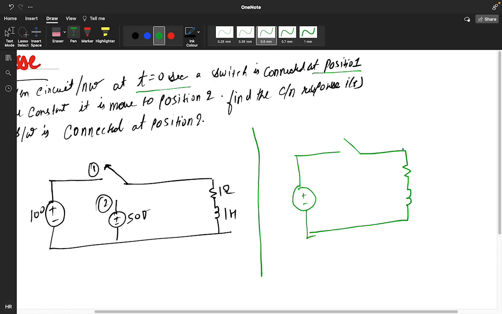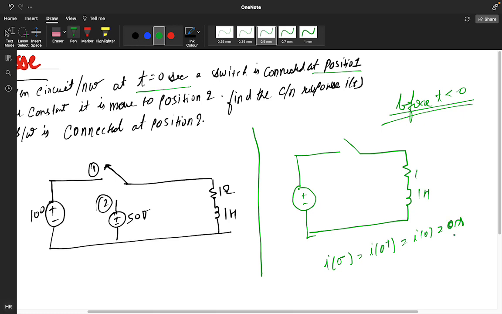Earlier it was not connected. Before t less than 0, the switch was not connected. So that means I of 0 minus is equals to I of 0 plus is equals to I of 0 is equals to 0 ampere.